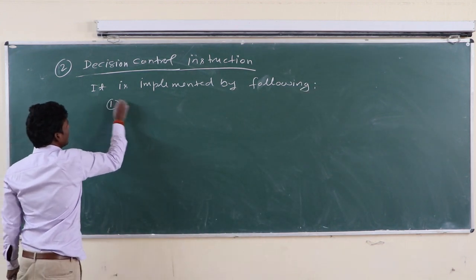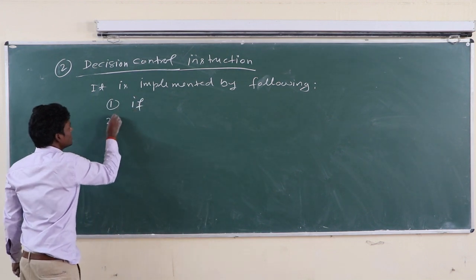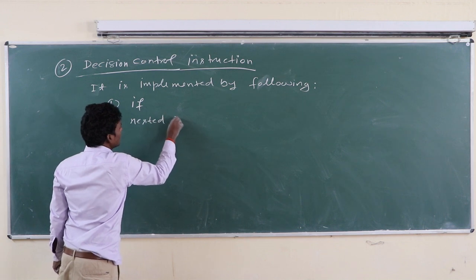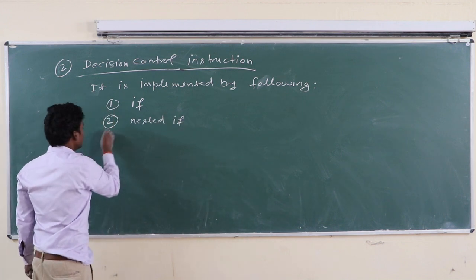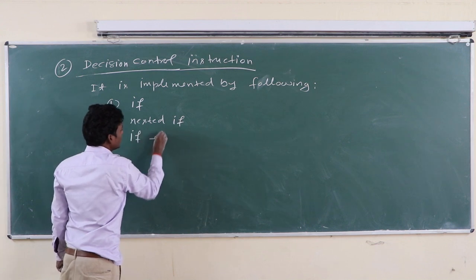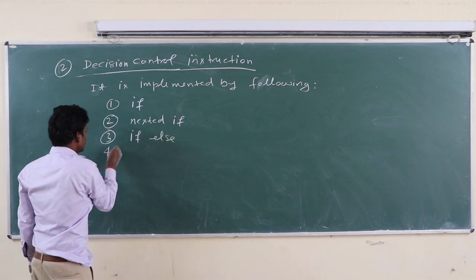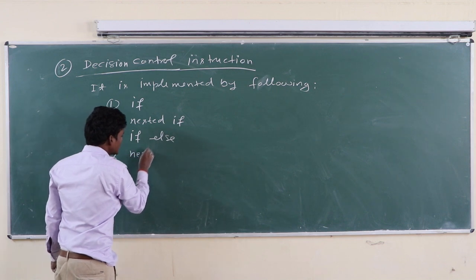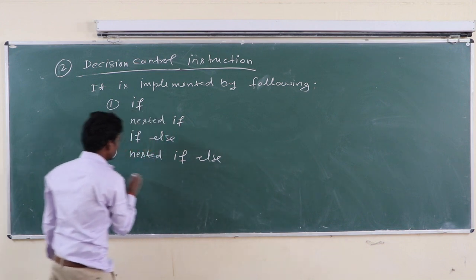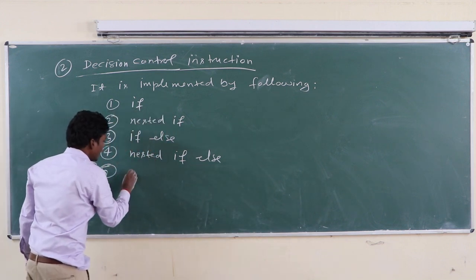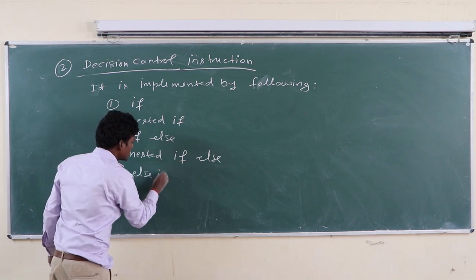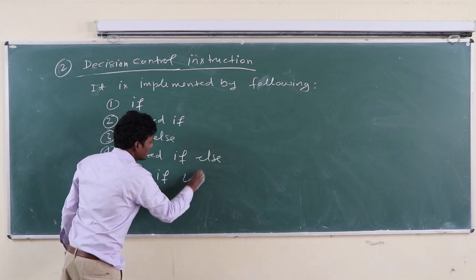First one is if. Second one is nested if. Third one is if else. Fourth one is nested if else. Fifth one is else if ladder.